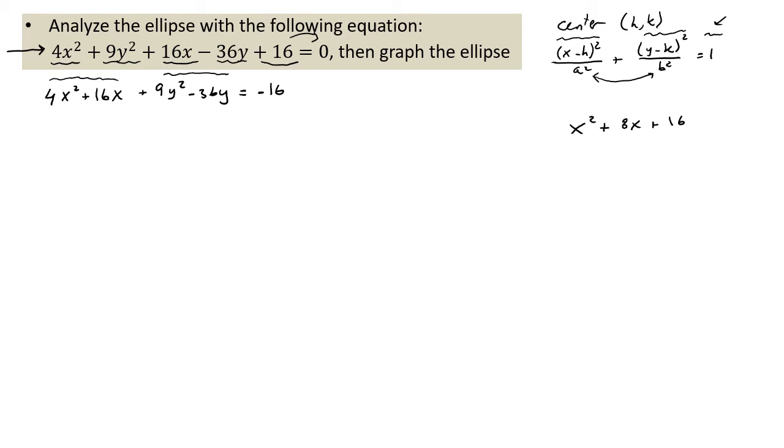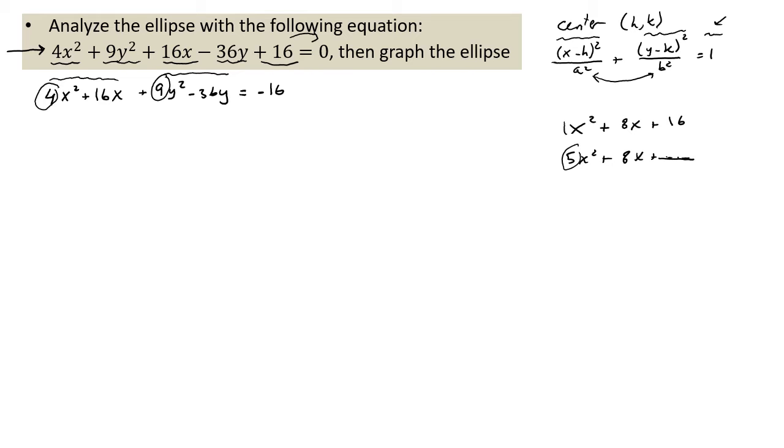But if I have 5x squared plus 8x, for example, we're not really familiar with what to do with this coefficient. So before we complete the square, just to make it a little bit more convenient for us, we're going to factor out the coefficient of x squared and the coefficient of y squared in order to make the coefficients equal to 1.